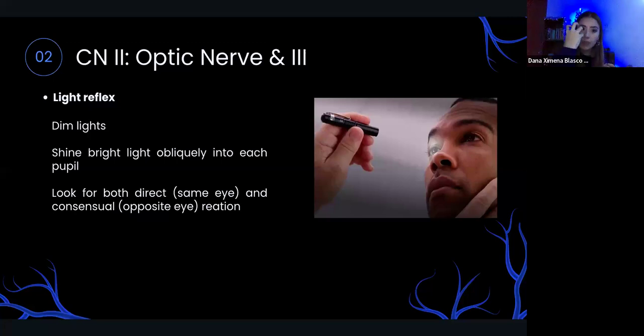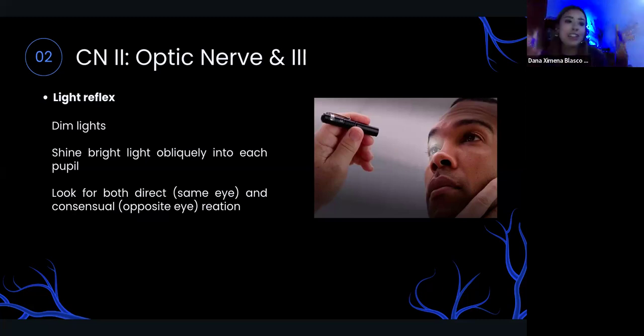You have the light stimulus, and both pupils are going to be reacting to the same stimulus. So that's a consensual reaction. So you look into the same eye, and you look at that reflex, and then you look to the opposite eye, the consensual reflex, to see if they are both the same.